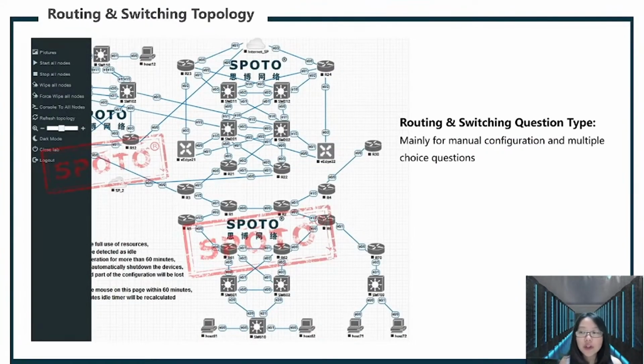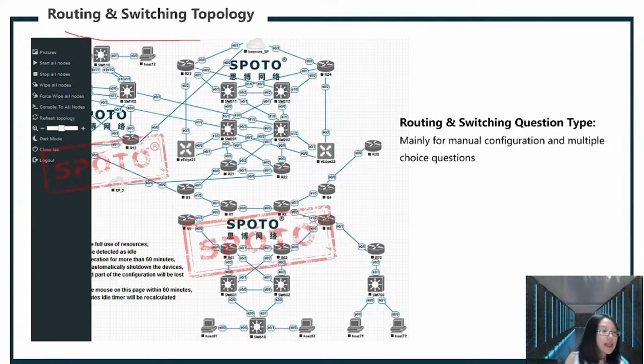Among them, this module is mainly the routing and switching part, which first realizes the whole network communication. And this module mainly examines the SDA and SD-WAN topology, and mainly manages and configures the equipment of the local area network and the wide area network.